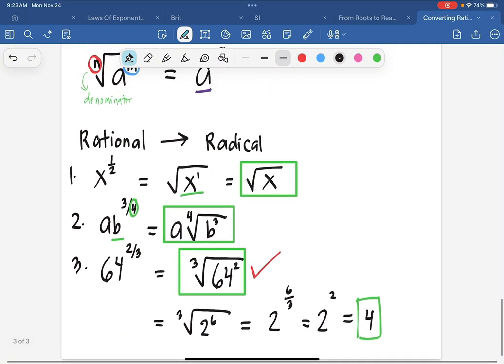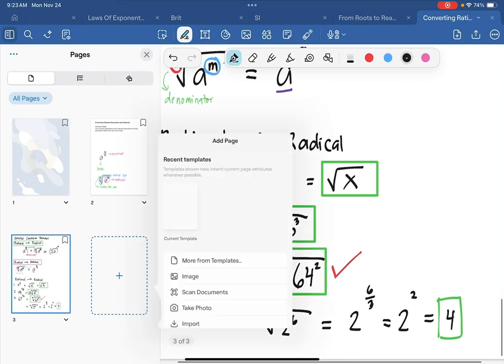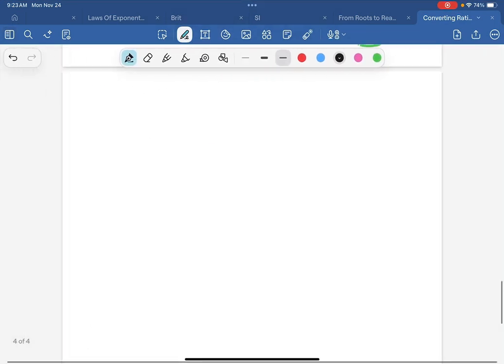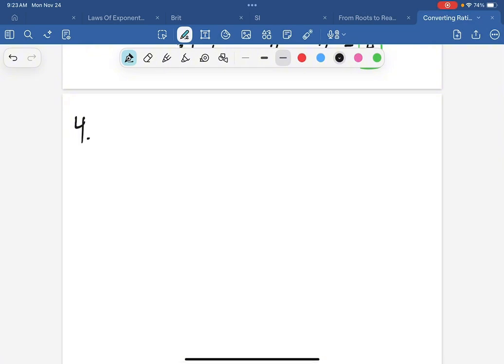Another example. Wait, let me just add something. If you are given something simple like x raised to negative 3/2. Again, going back to the laws of exponent, since the x has a negative exponent, turn this first into, or transpose this.